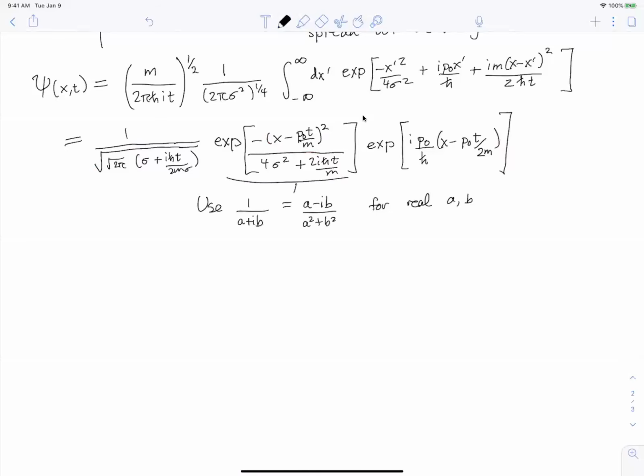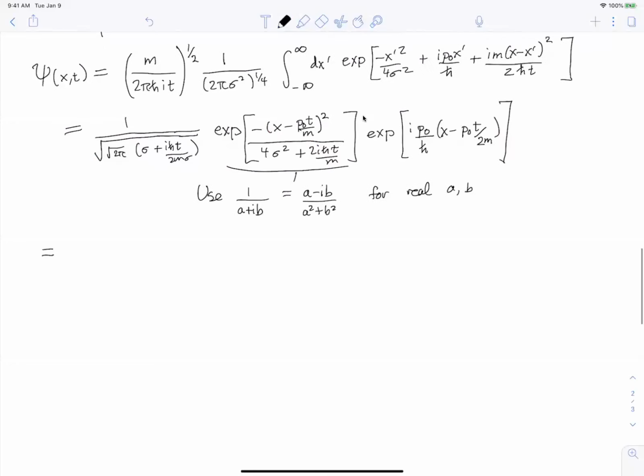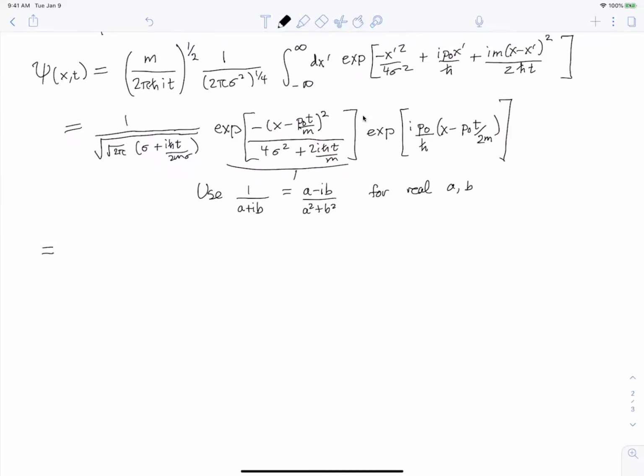Okay, and so here I'm going to be skipping some annoying steps of algebra that aren't very illuminating. I'm going to write the answer as e to the i times a phase factor that I'm going to call theta, divided by the same square root of 2 pi, sigma plus i h bar t over 2m sigma.